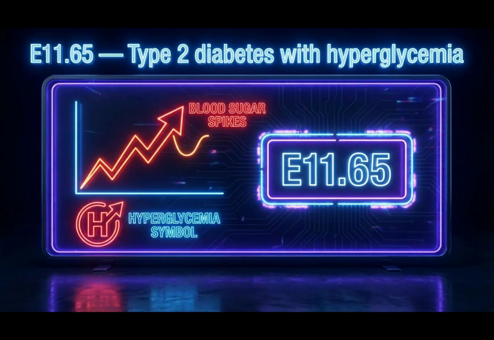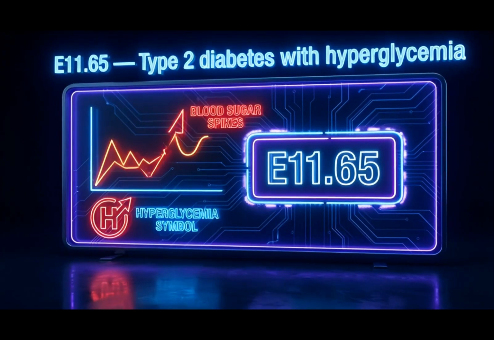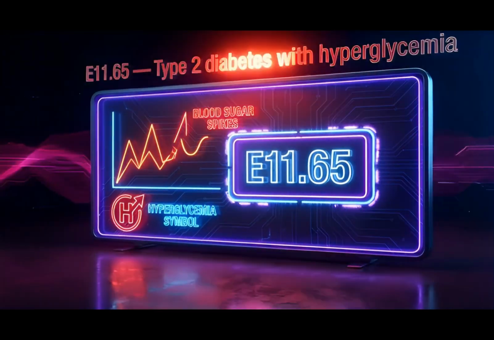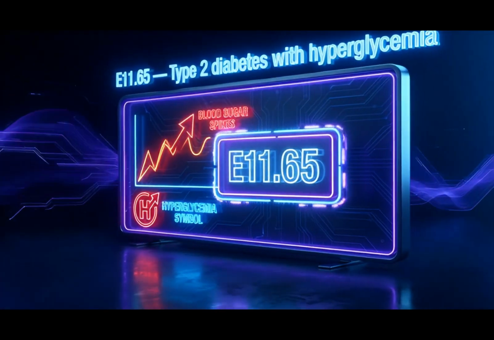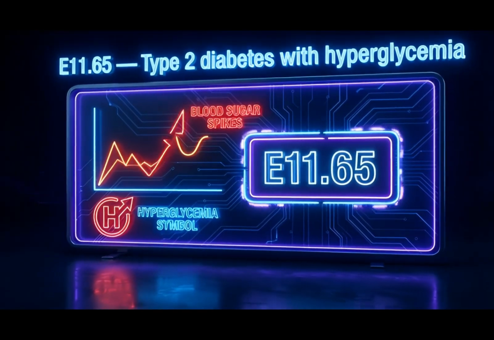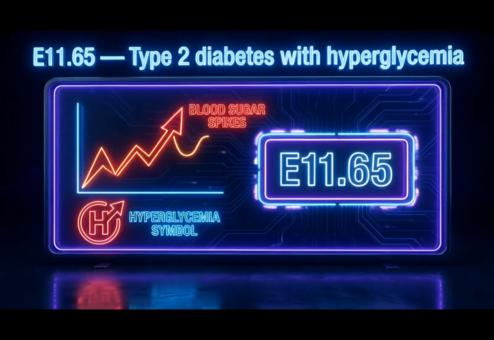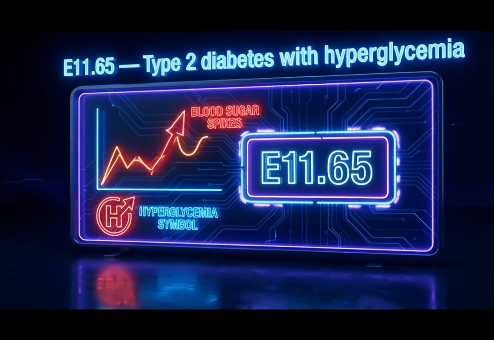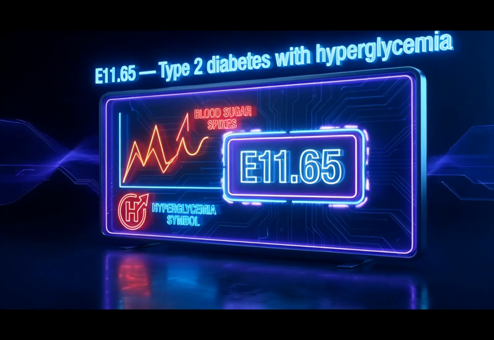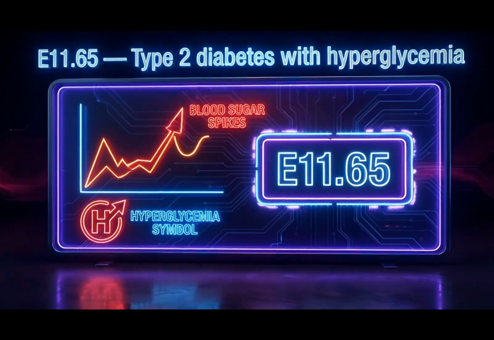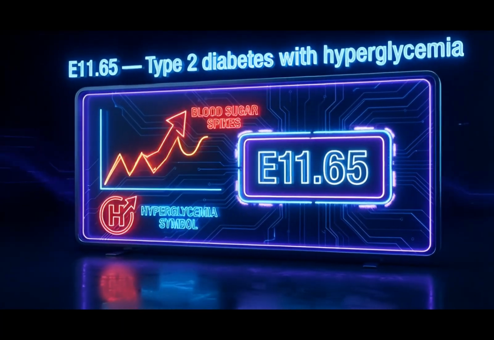Let's look at an important diabetes code. E11.65, which stands for Type 2 Diabetes Mellitus with Hyperglycemia. You should use this code whenever the documentation shows elevated blood sugar, poor glycemic control, blood sugar spikes, or terms like hyperglycemia in a patient with type 2 diabetes.